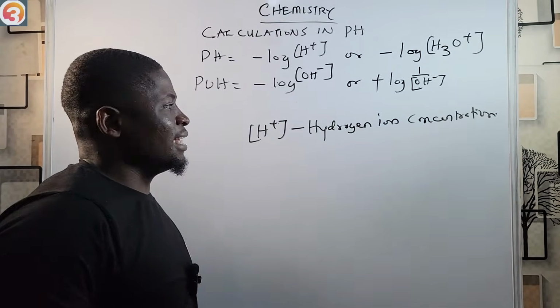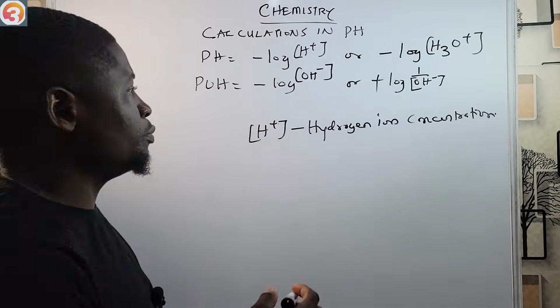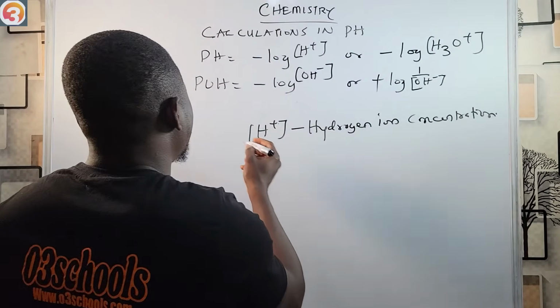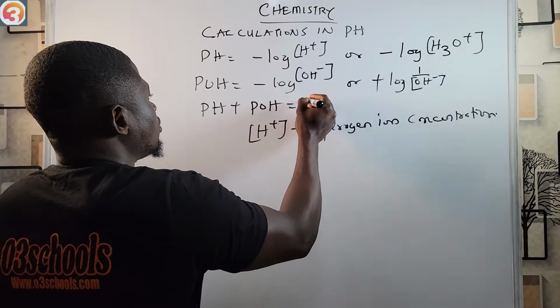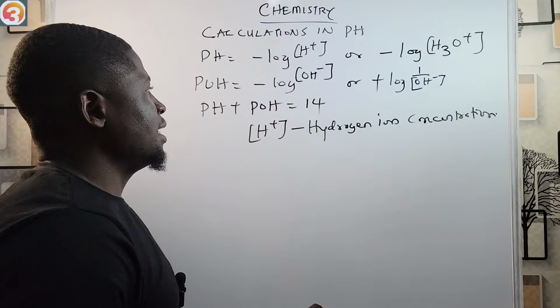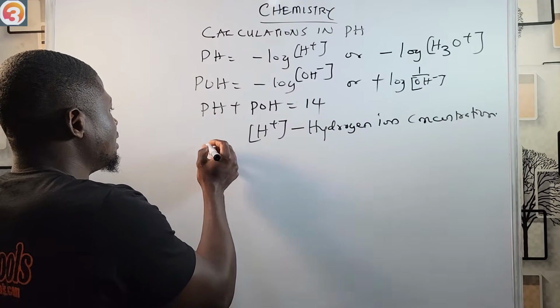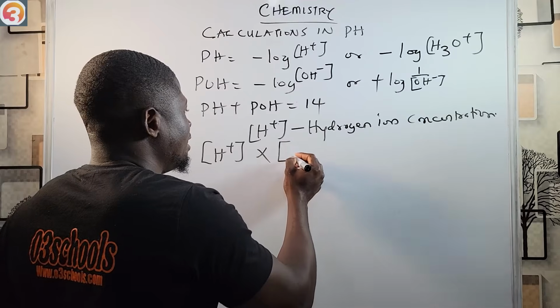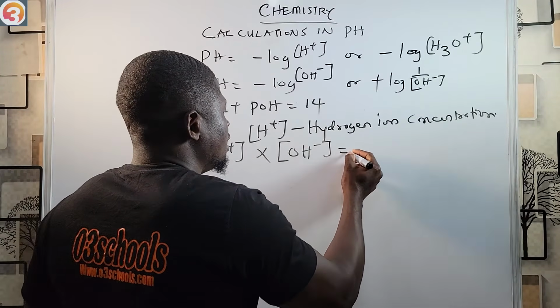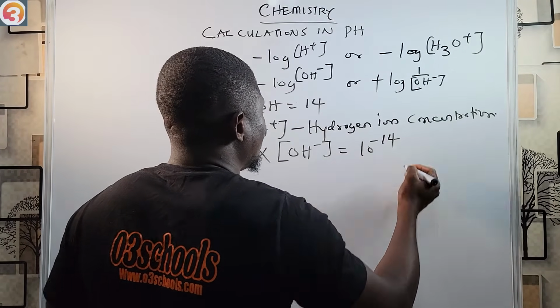All right. So aside from this, I also gave you some relationships between pH and pOH. I told you that pH plus pOH is equal to 14. And then I also gave you another relationship, where I said that the hydrogen ion concentration multiplied by the hydroxide ion concentration is equal to 10 to the power minus 14.